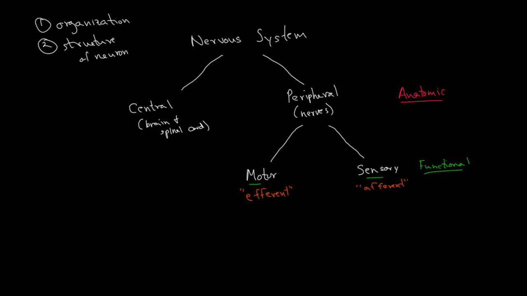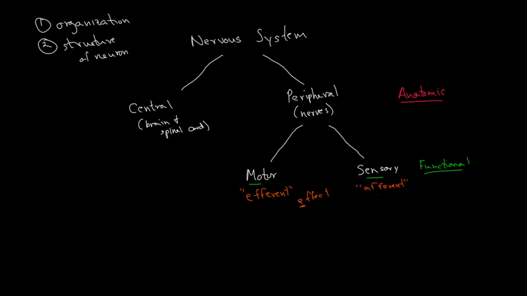Efferent neurons, with an E, describe neurons that are going from the central nervous system out to the body, and they are exerting an effect, like spelled like this, effect on different parts of the body. For example, they are usually in contact with like the muscles or organs. They're part of, obviously, the motor portion of the nervous system, so they are causing it to do things.